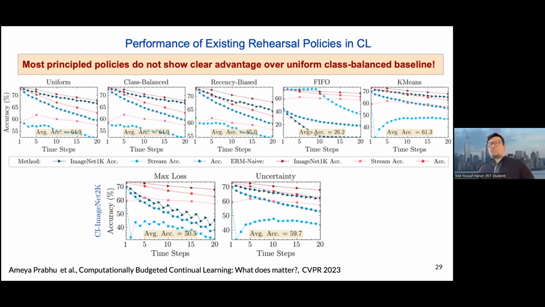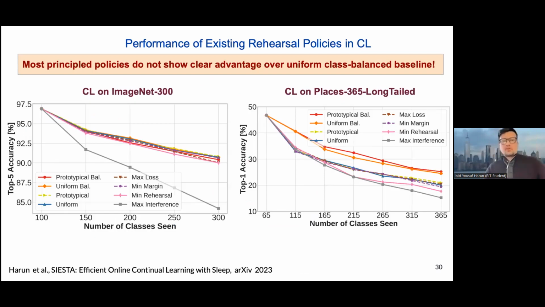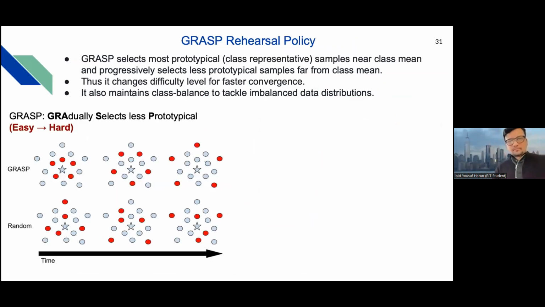All the principled and fancier rehearsal policies basically underperform very simple uniform random sampling for large-scale datasets. We also found in our work, when we compared different rehearsal policies on ImageNet and also a long-tail dataset, a similar conclusion, where the uniform baseline works effectively and outperforms the others.